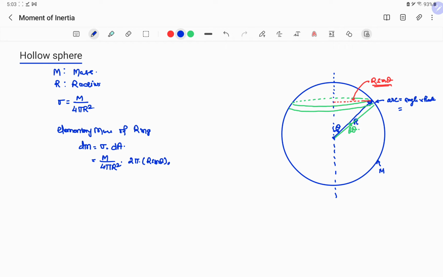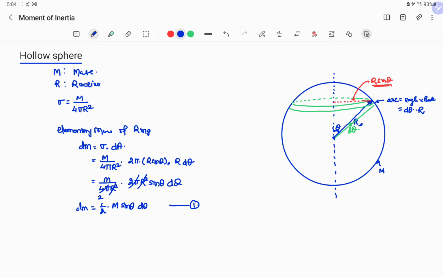For this arc, angle is d theta and radius is r. So width is r d theta. So it will be equal to m by 4 pi r square into 2 pi r square sine theta d theta. This r square gets cancelled and 2 pi also gets cancelled. So we have dm is equal to 1 by 2 m into sine theta d theta. This is our equation number 1.